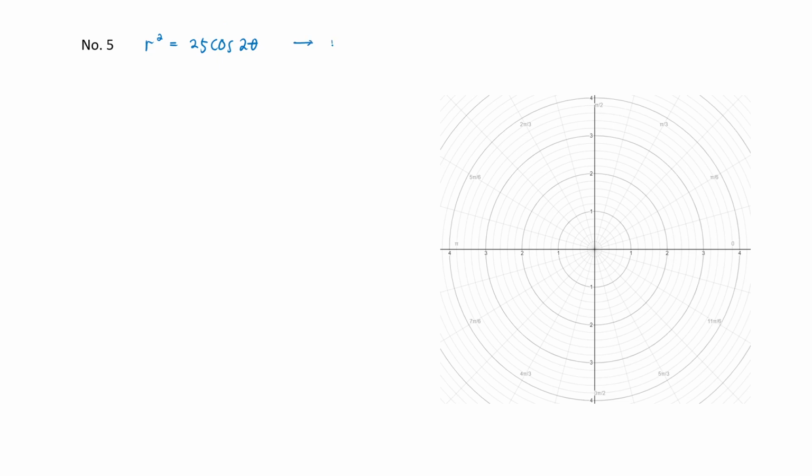This becomes r equals 5 square root of cosine 2 theta. I don't know if you have learned the identity for cosine 2 theta, but it's cosine squared minus sine squared theta, and it can't be simplified further or cancel out the radical symbol.